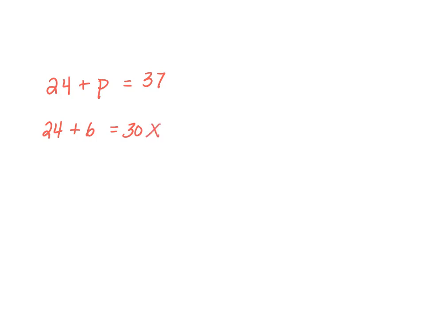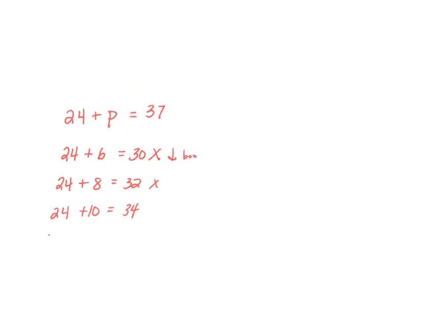This doesn't work. Thumbs down. Not okay. Boo. All right. So I'm going to go higher then. I know I need to go higher because I'm not 37 yet. 24 plus 8. That's 32. Nope, not big enough. 24 plus 10. That's 34. That's close. So now I'm going to start going up by ones because 34 is really close to 37.